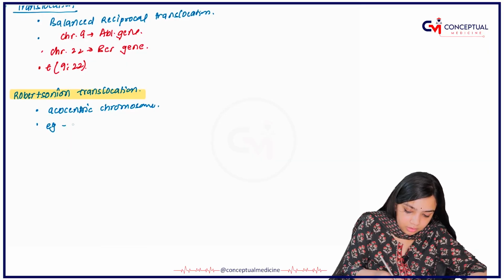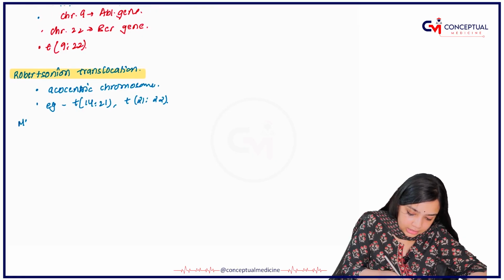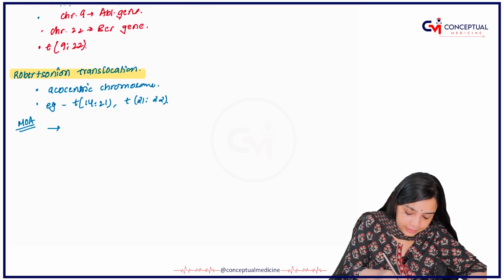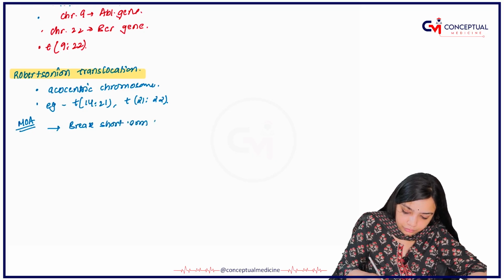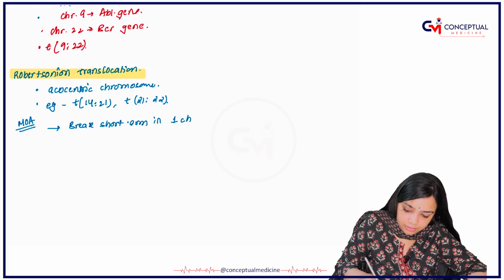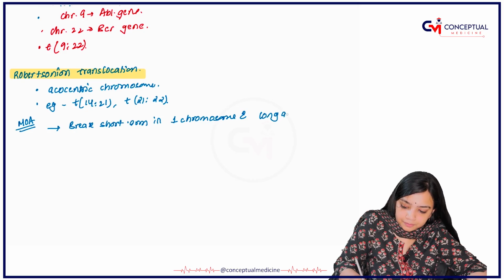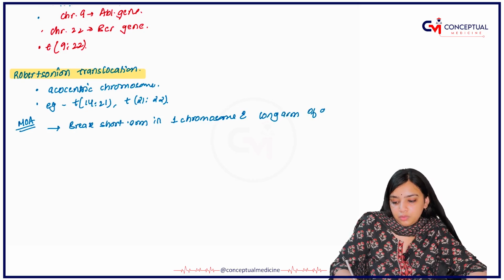Example is your T14, 22, sorry, T21 and 22. If I talk about the mechanism of it, what is happening here is there is a break in the short arm in one chromosome and in the long arm of another chromosome.